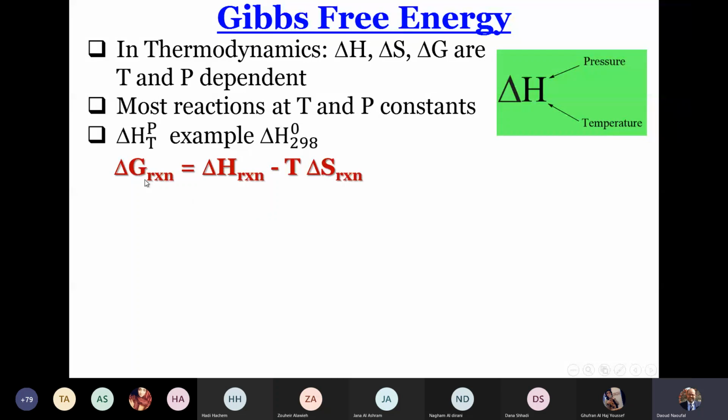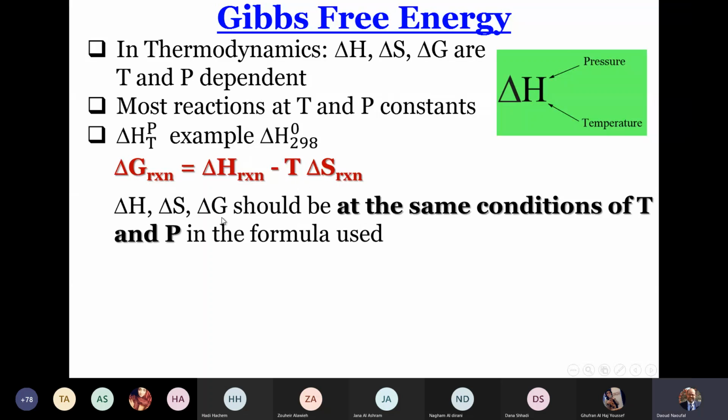Pay attention to how to use this relation. Delta G of the reaction is equal to delta H of the reaction minus T delta S of the reaction. When using this formula, delta H, delta S, and delta G in the same formula should be at the same conditions of temperature and pressure.